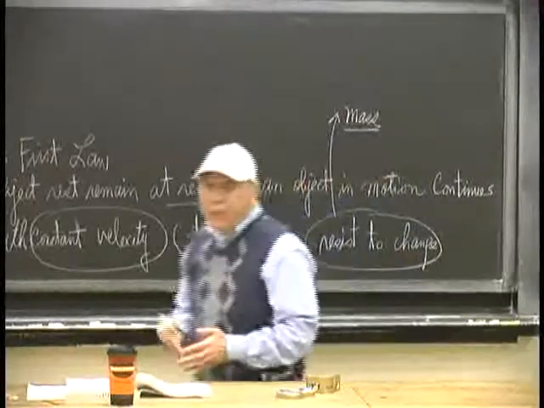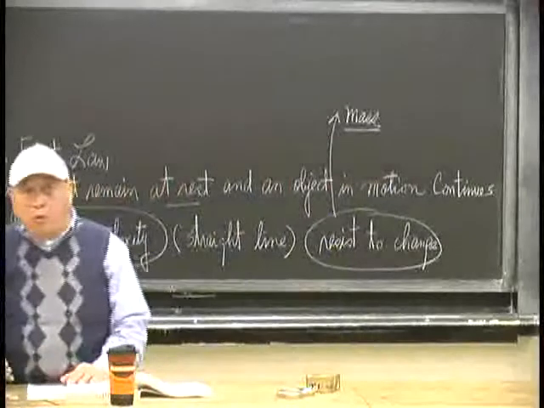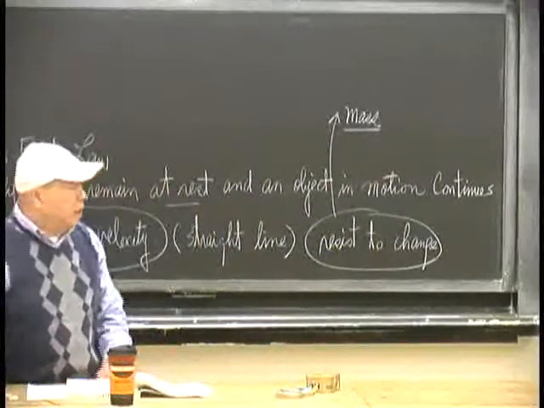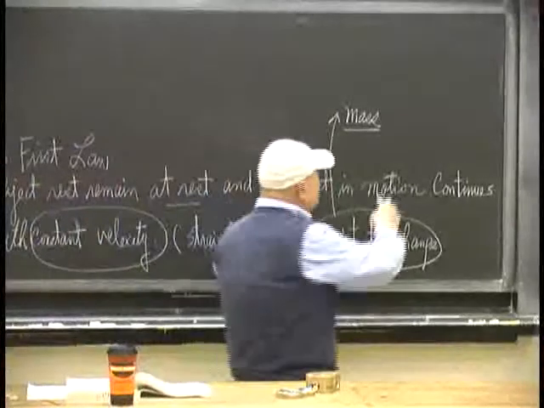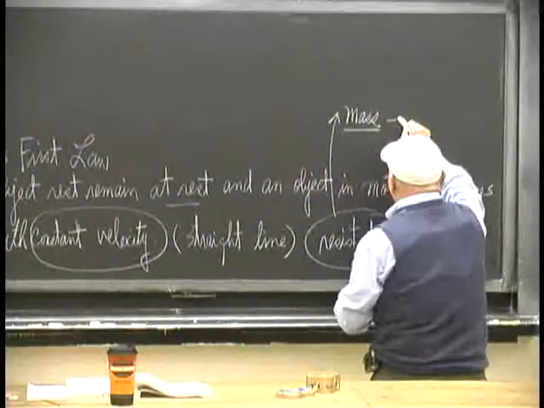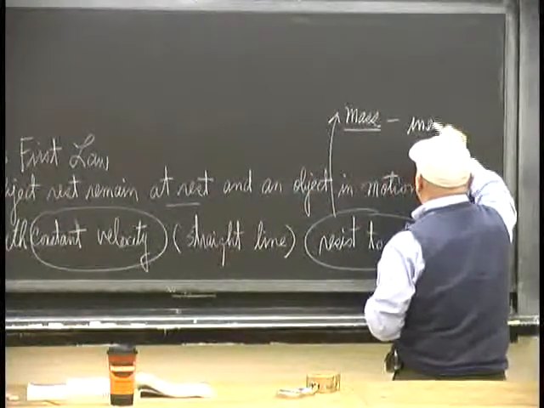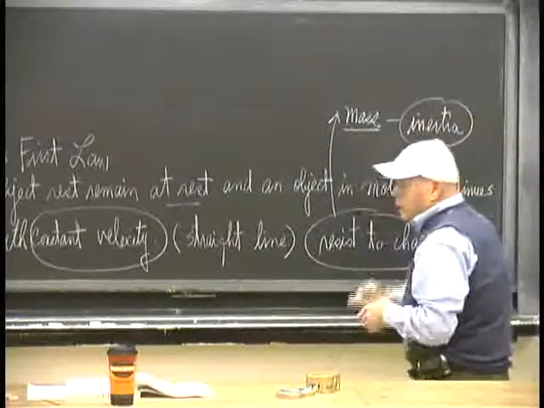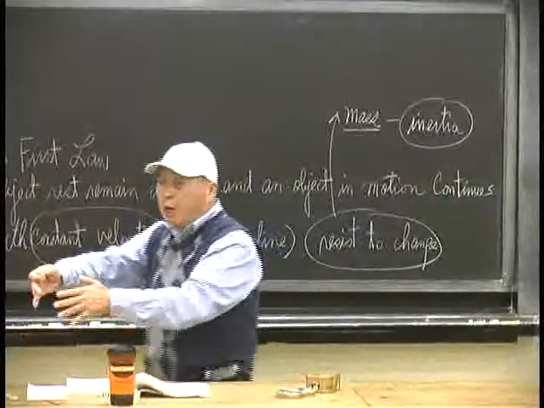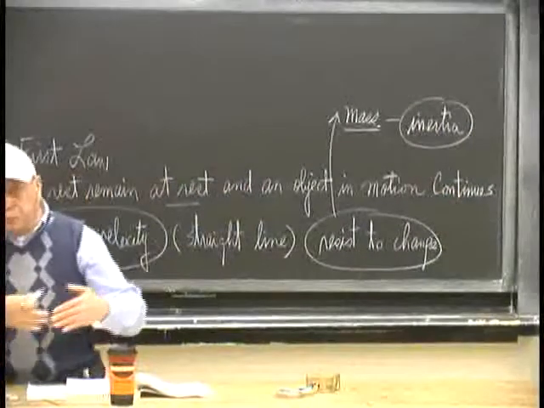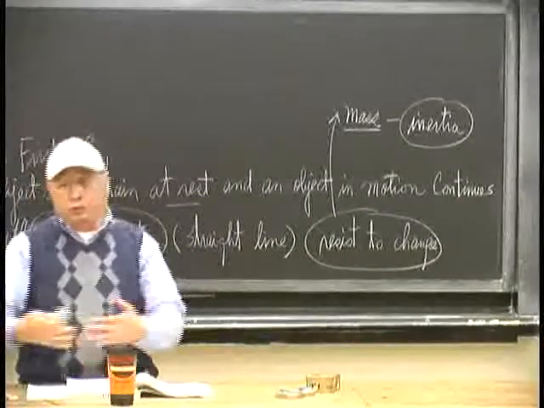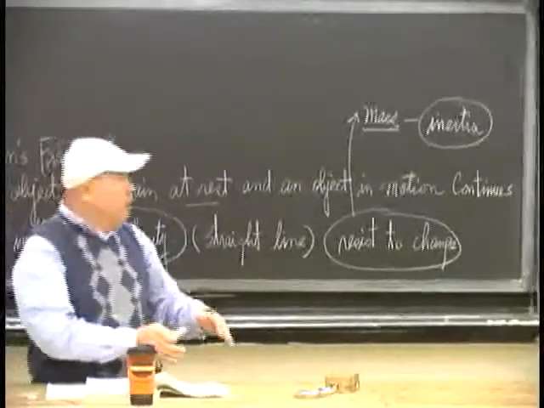The heavier the object is, the more difficult it is to move. So the mass is resistant to change, and we give it a name: inertia. So when we want an object to move linearly, there's an inertia to push it back.